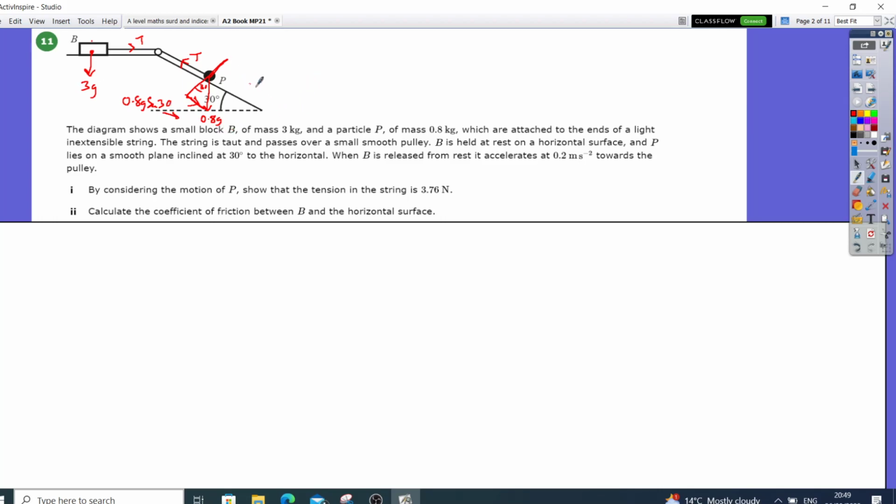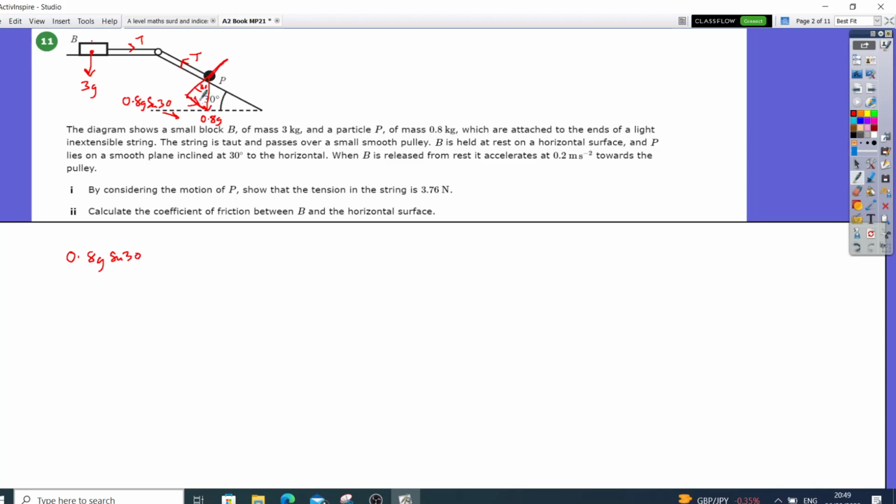So these are coming down the slope. That's literally the weight component on the slope, 0.8g sine 30.